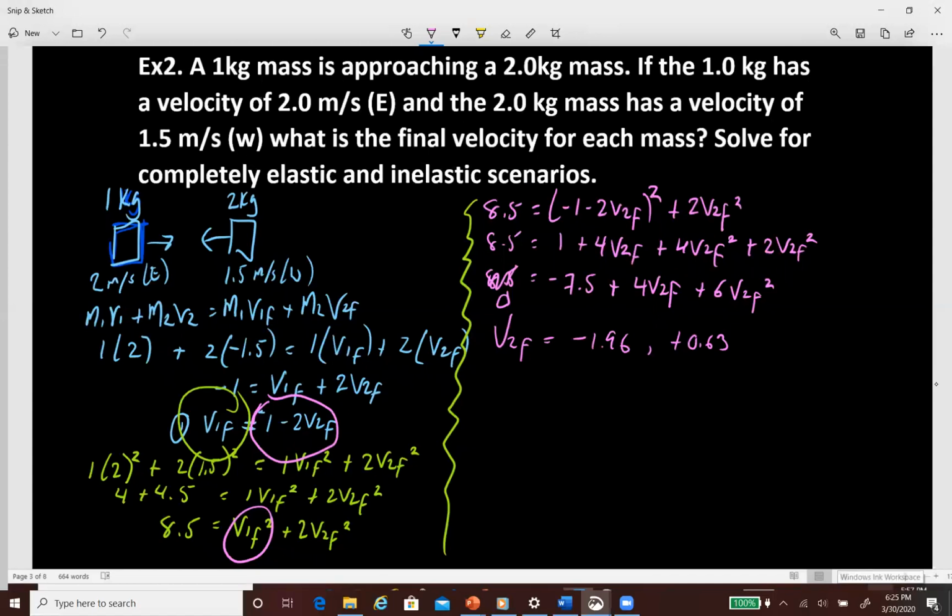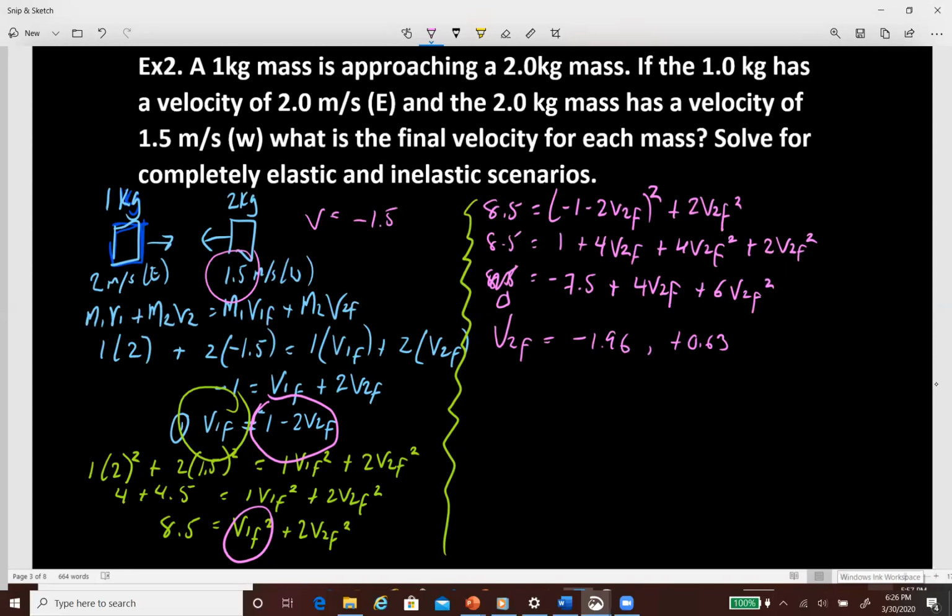Okay, this is where you've got to use the big brain to figure out which of these two is the most likely answer. So let's look at V2F. V2F is possibly going to have two velocities, negative 1.96 and positive 0.63. Its initial velocity is 1.5, right? And it's going west. So that's a velocity of negative 1.5 to the west.